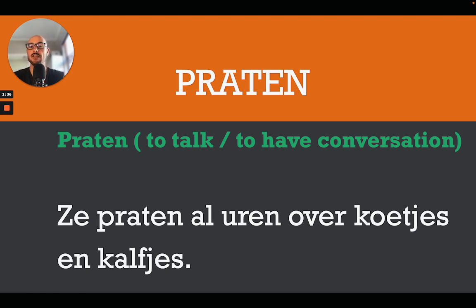So they've been talking for hours about chit-chat or small talk. Koetjes en kalfjes, you can translate it as small talk or chit-chat in English. And then praten is basically to have an informal conversation, with somebody you know. So this is praten, to talk, to convey a message, but in an informal way.